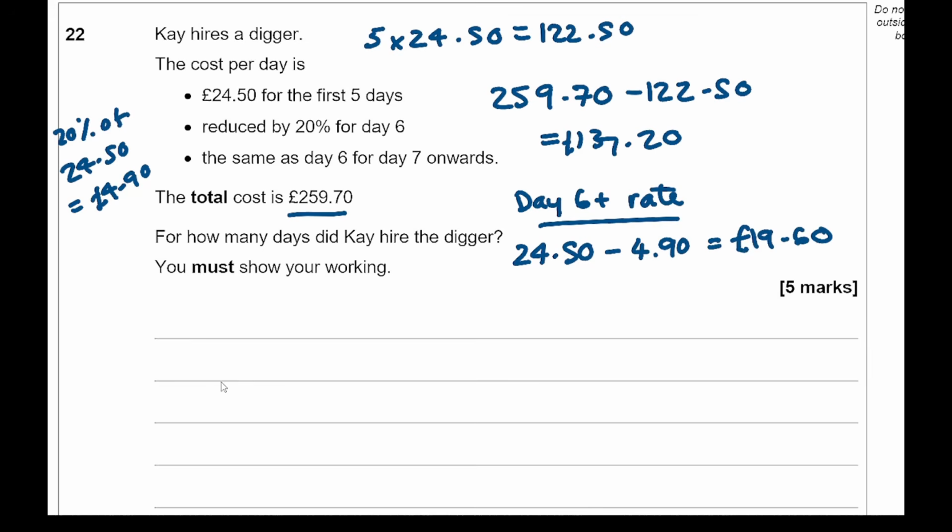Now what I want to work out now is how many £19.60s go into £137.20.